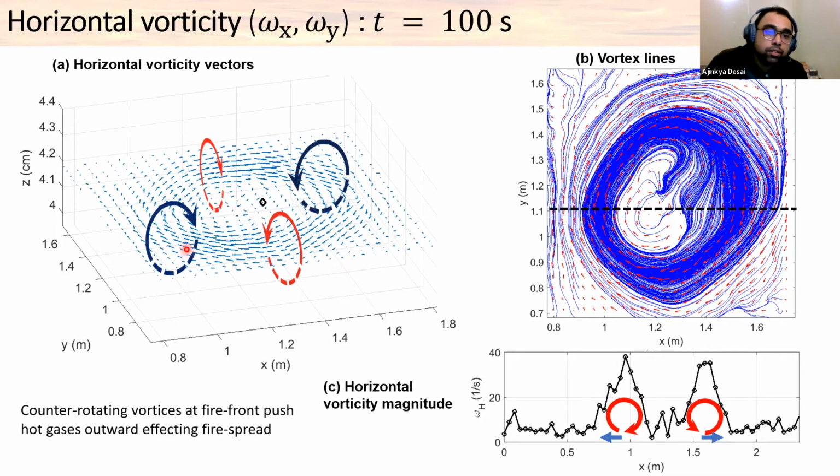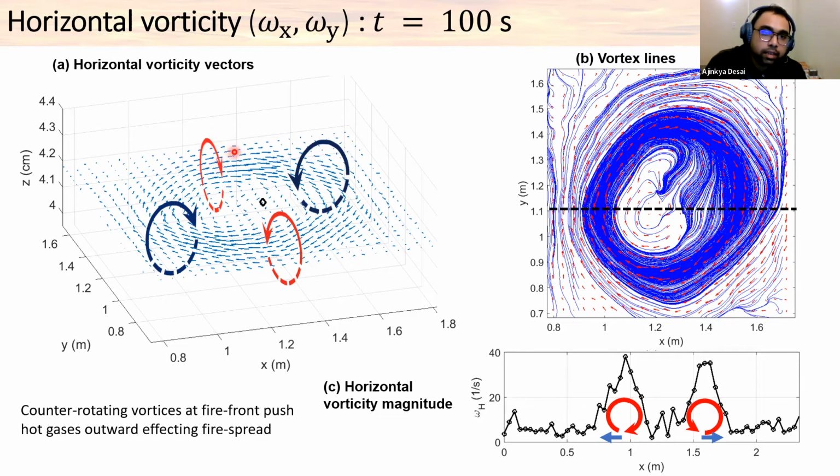Okay, if you focus on this picture over here, if you just focus on the vorticity vectors, they are in the XY plane. We still have to add the vertical vorticity vector, the omega z component. Since the axes are aligned in the XY plane, these vortices are vertical vortices, right? Now, if you add an omega z component, let's say that omega z component is positive over here, positive upward.